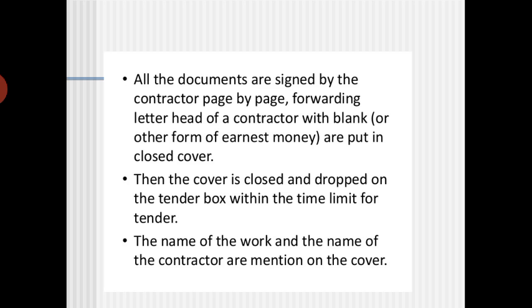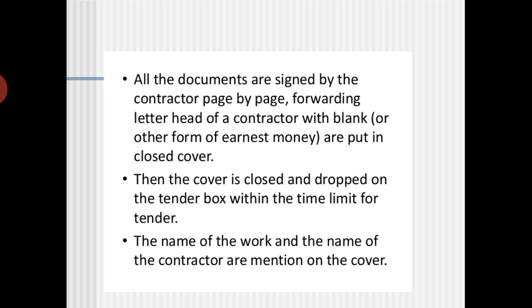Of course they can write anything, but whatever it is, that has to be declared before making the tendering process. Sometimes if the contractor is not working properly, they can write that you abide by the rules and regulations of the tendering process, then they can supply it.